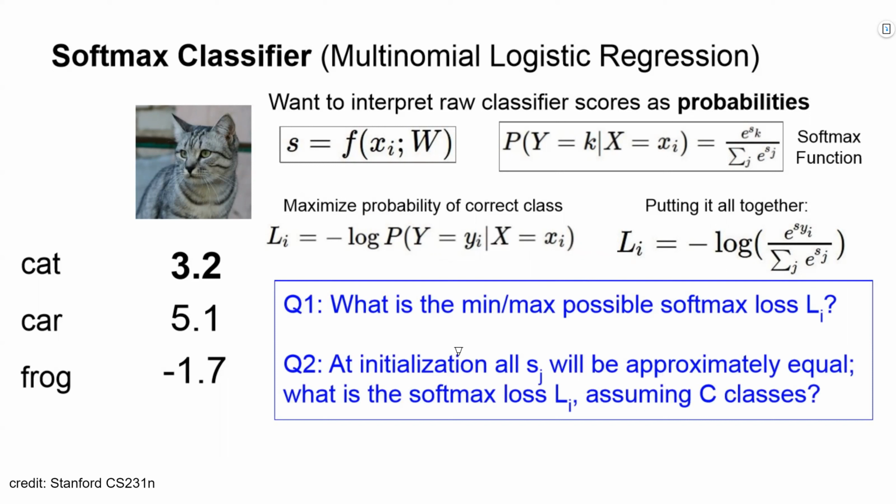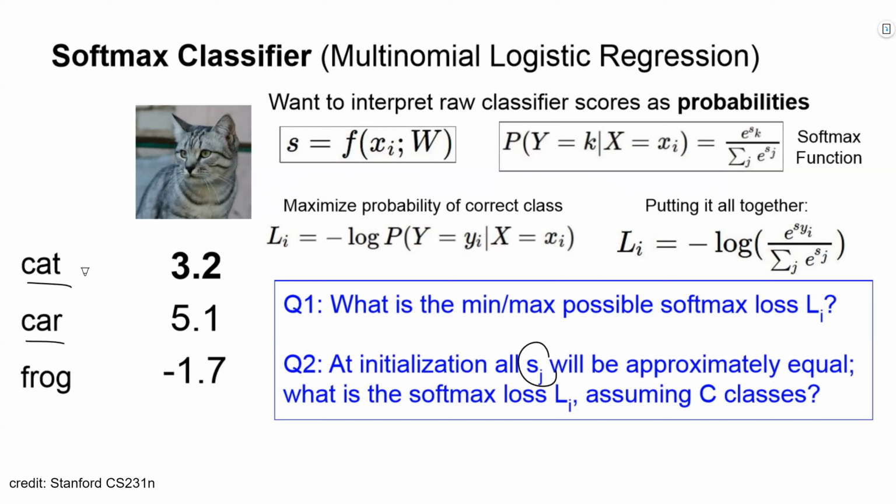Here, I'm going to give you 2 questions. First question is, what is the minimum and maximum possible softmax loss? And the second question is, at initialization, all Sj will be approximately equal. Because in the beginning of the training process, our classifier does not have any knowledge. So it will say, I'm not sure.